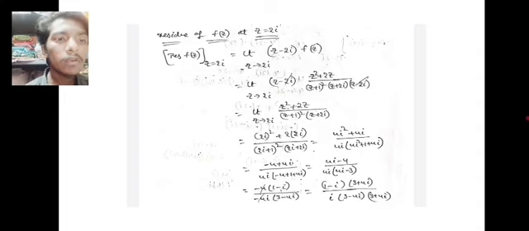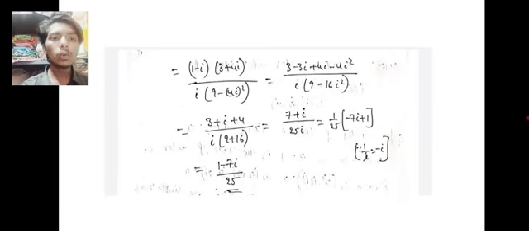The minus 4 gets cancelled. So we get (1 minus i) into (3 plus 4i) by i into (3 minus 4i) into (3 plus 4i), and then we can get the final value, that is (1 minus i) into (3 plus 4i).